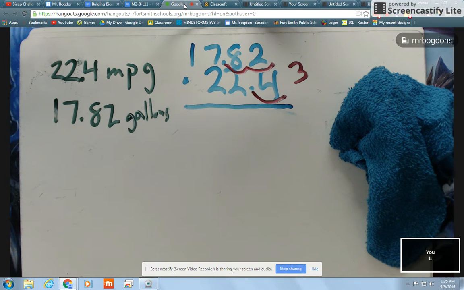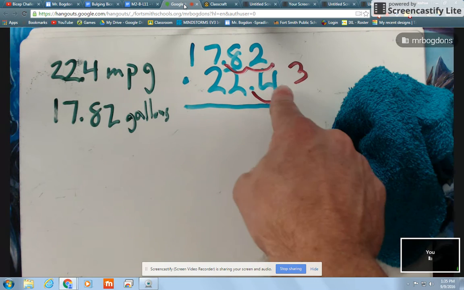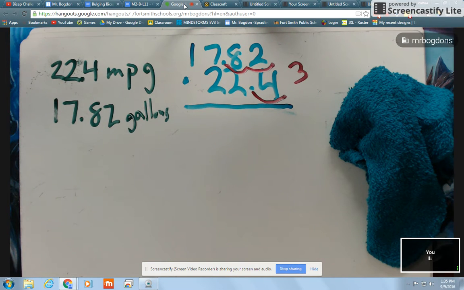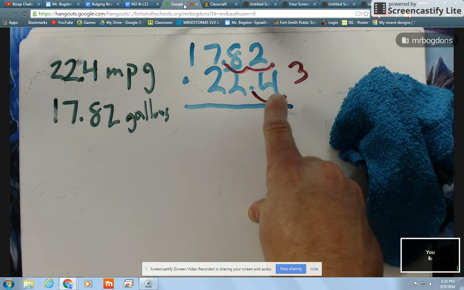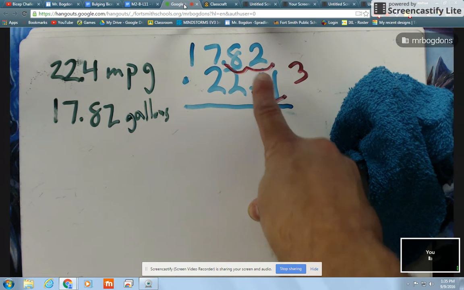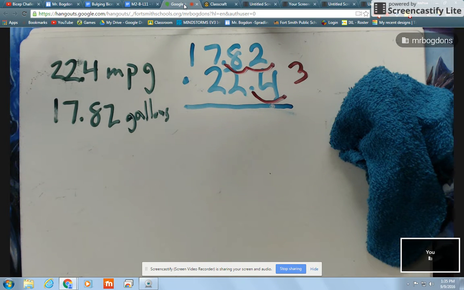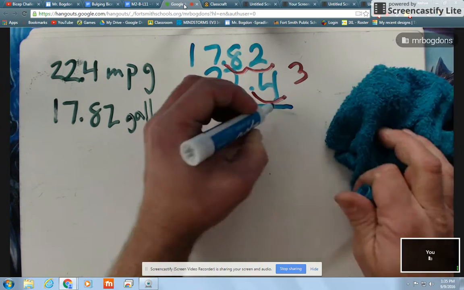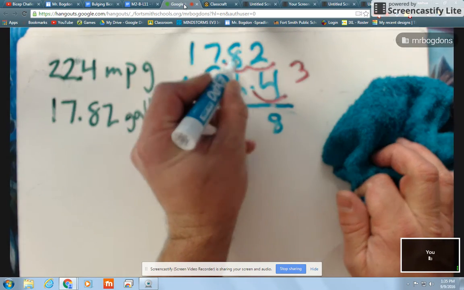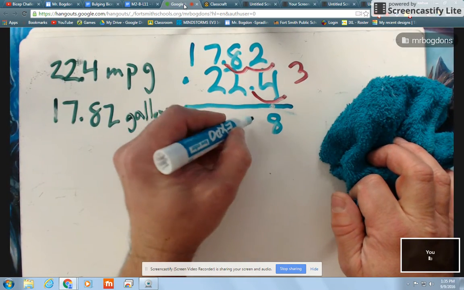Okay. So now I need to have 3 partial products because I have 3 digits. I always start with my smallest place value. And since I'm pretending that these are whole numbers, I'm now calling this my ones place. So what's 4 times 2? 8. And then what is 4 times 8? 32.